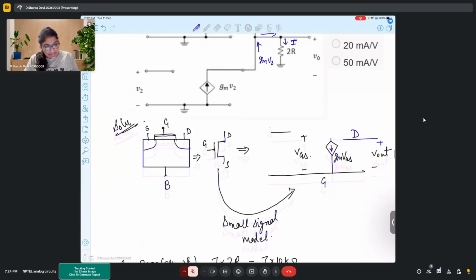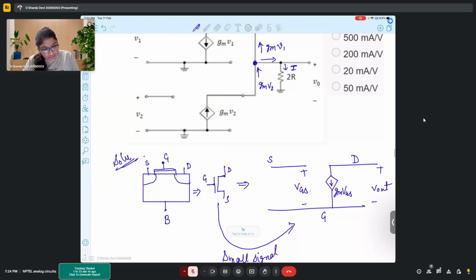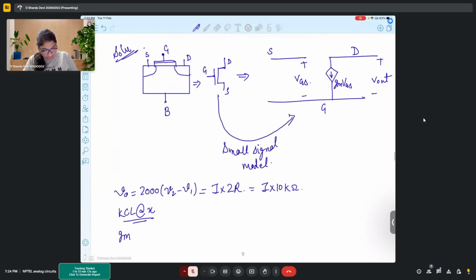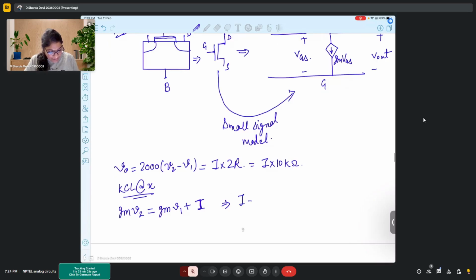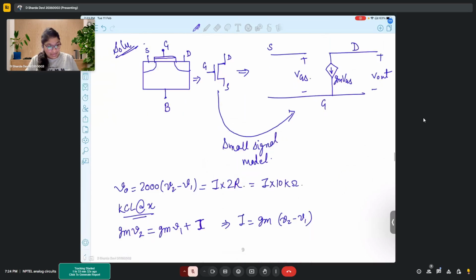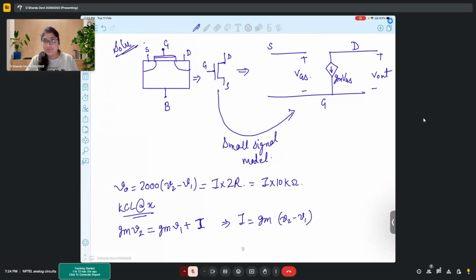So if I write KCL at this particular node X, how will it look? gm V2 is being distributed among gm V1 plus I, correct? So I can write I equal to gm (V2 minus V1), right?